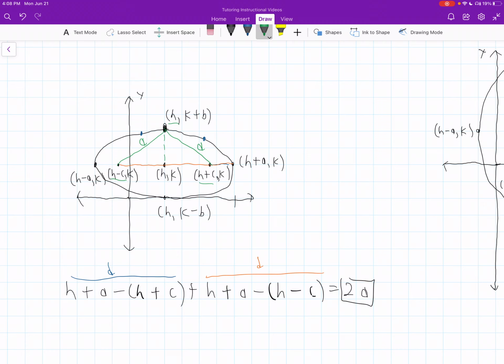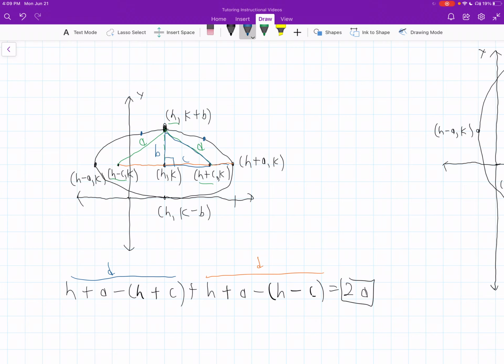Alright, so why do we care about this? Well, because now focusing on the right half triangle, this actually gives us a direct formula for calculating c, because we know this is length c, going from (h, k) to (h plus c, k). And of course this has height b, going from (h, k) to (h, k plus b).